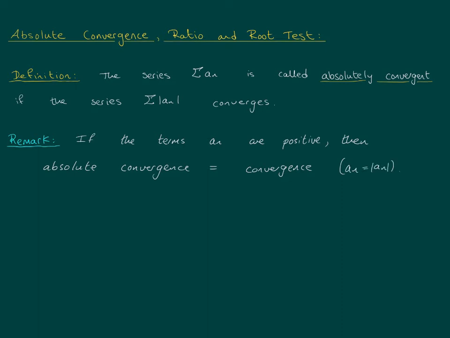And that's because a_n, if they're positive, they're equal to their own absolute value. Okay, we'll have a look at some examples.